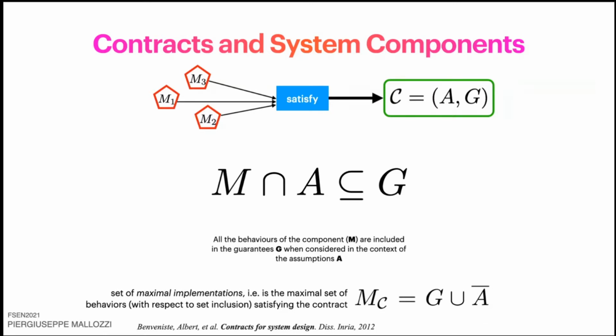Okay, let's see what operations we can do with contracts, traditional operations from contract theory. First of all, we have to saturate all the contracts. Why? Because we want the guarantees to express all possible implementations.